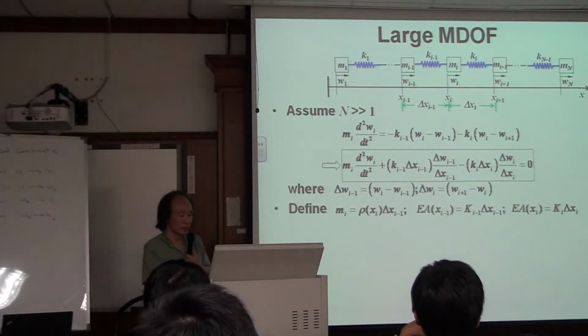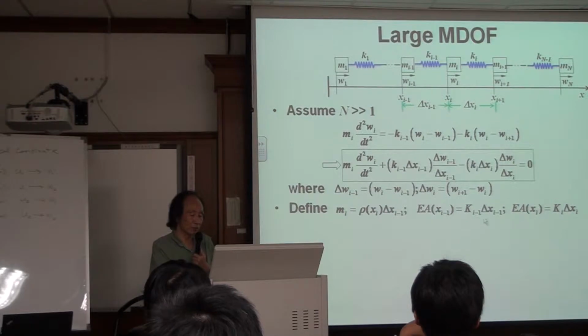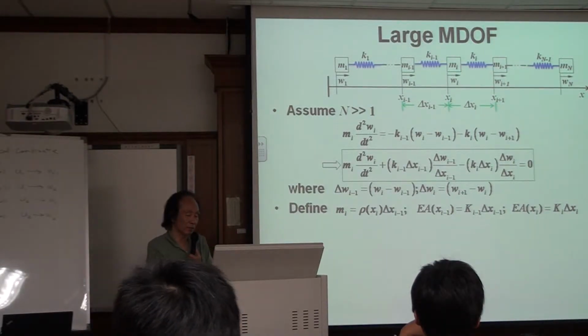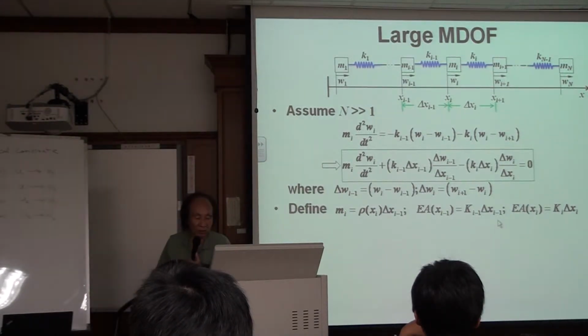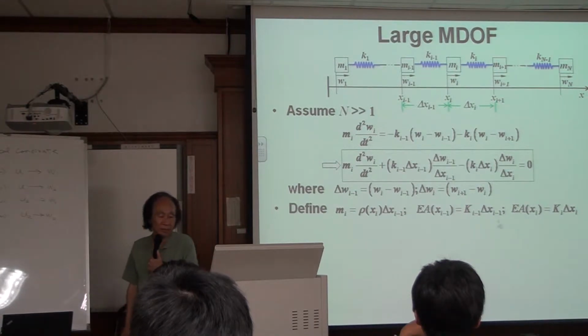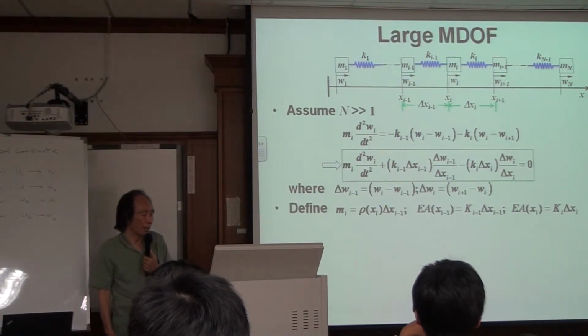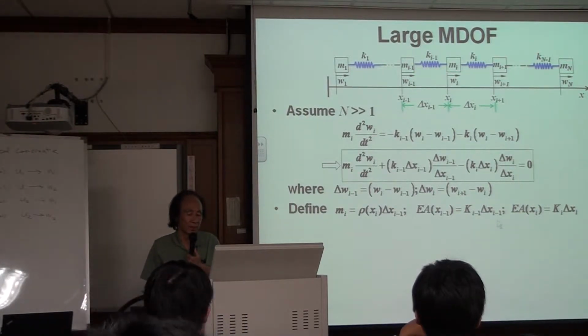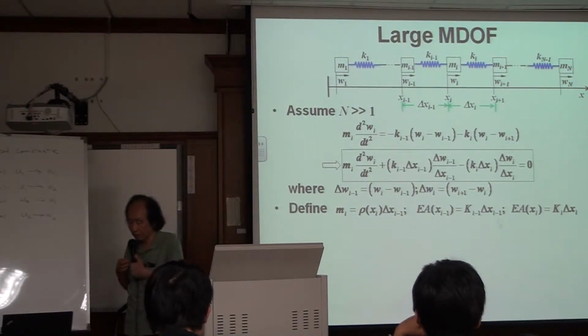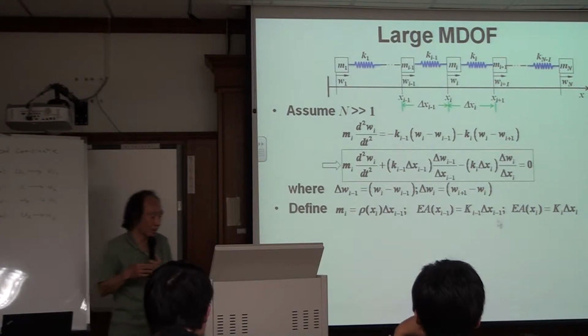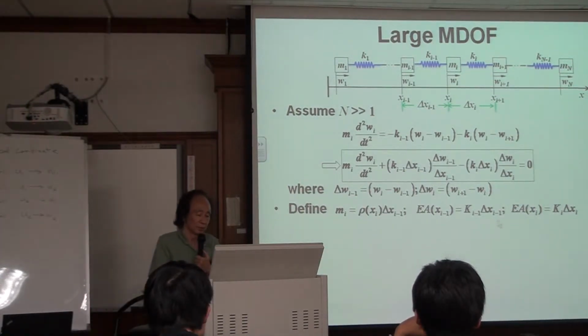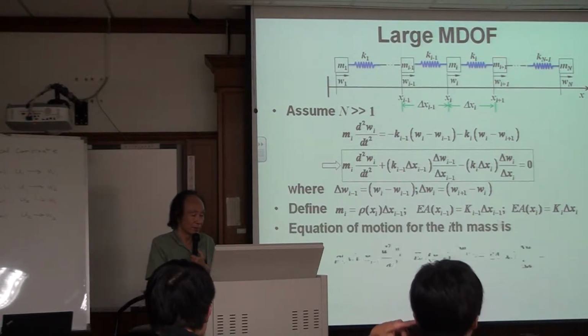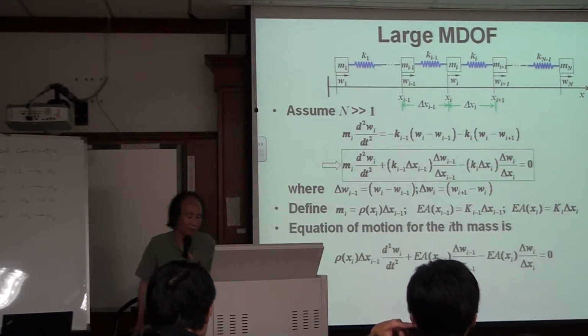There's a definition here. Ki minus 1 times delta x i minus 1, I call that equal to EA. EA means some properties at x i minus 1. If I define that, then the equation of motion for the ith mass.